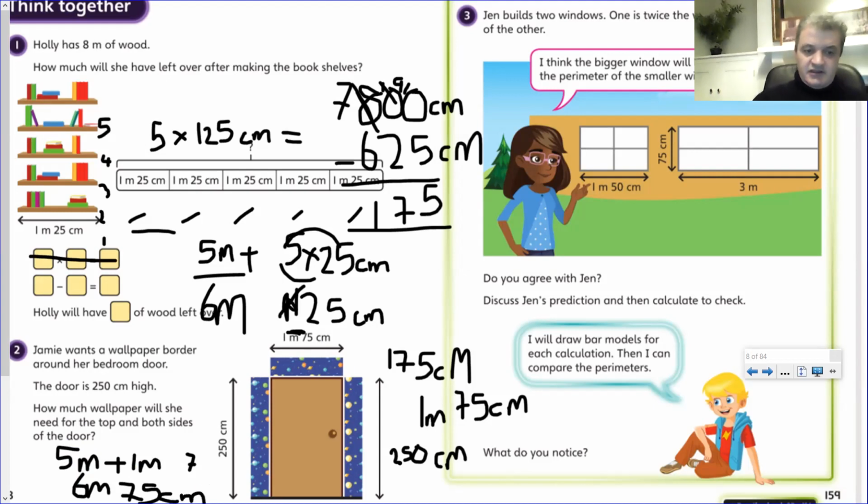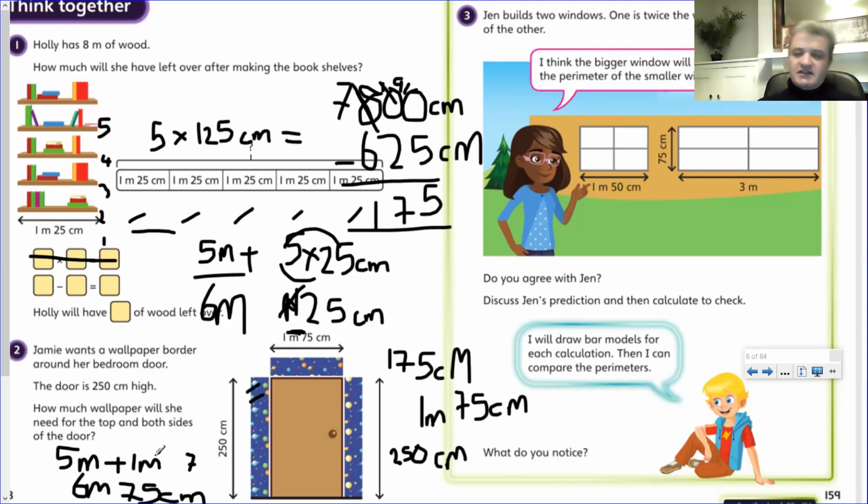And that's because she needs these 2 strips. One strip here, 2.5 meters, another 2.5, or 250. Add 250 is 500. 500 is equivalent to 5 meters. I'm adding 5 meters to this 1 meter 75 to get 6 meters 75 of border.